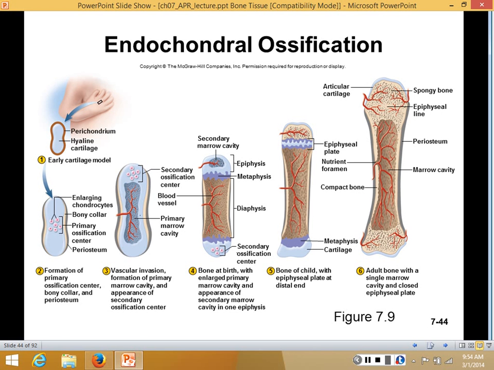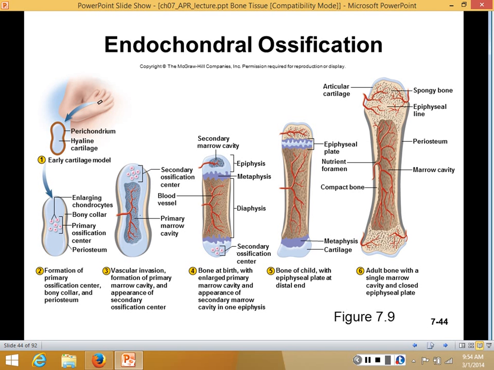Now you have this hollow space. Now they can call it the primary marrow cavity. It's not called the primary ossification center anymore, right? They mentioned blood vessels over here, you've got blood vessels invading the marrow cavity. Vascular invasion, formation of a primary marrow cavity, and appearance of your secondary ossification center.